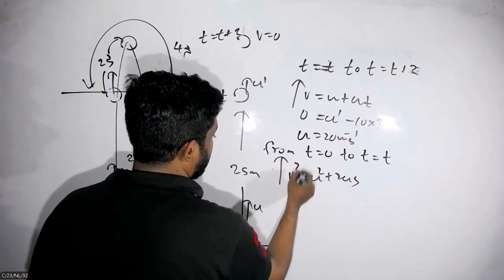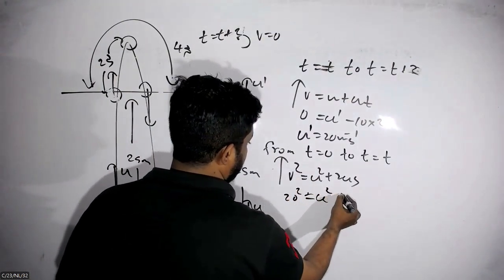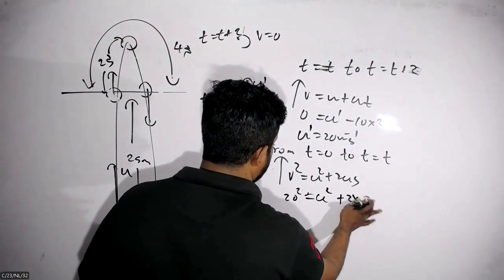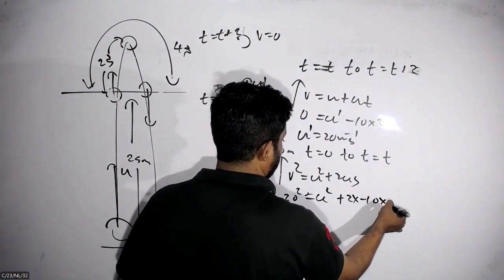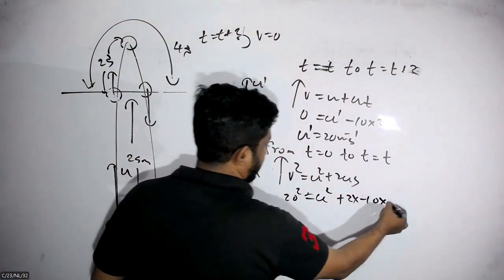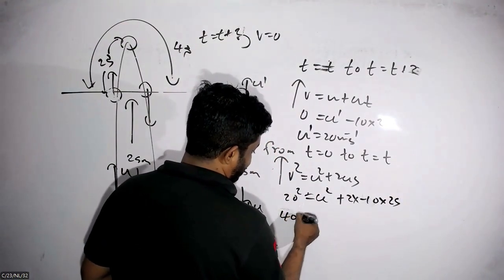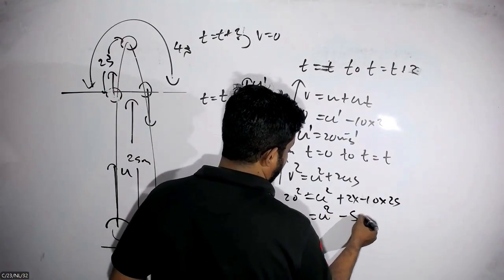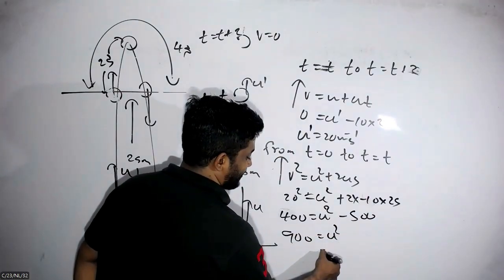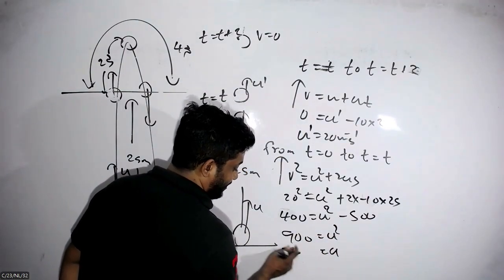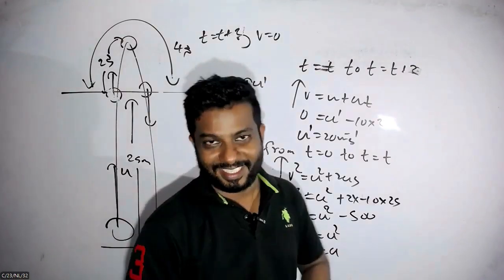It is equal to 20, no? 20 squared equals initial velocity u squared, plus 2 into acceleration. Here you have to apply the equation towards the upward direction. Therefore, this one should be minus 10. Displacement from here to here 25. Then 400 equals u squared minus 500. You can bring the term from here to here. Then 900 is equal to u squared. u is equal to 30 meters per second. That means initial velocity is 30 meters per second.